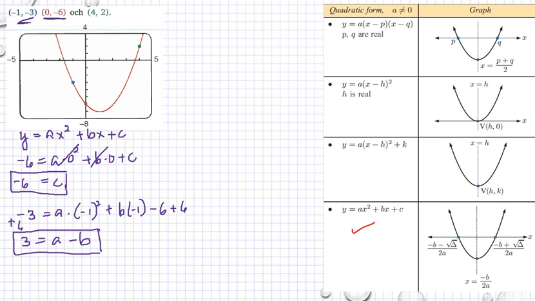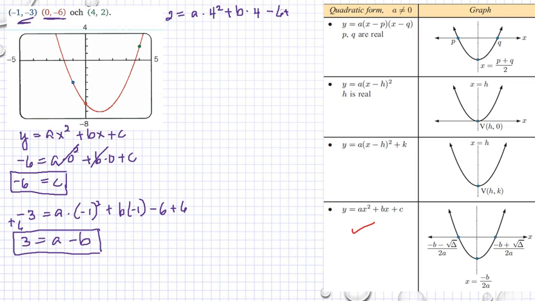And then the third point, or the third coordinate, is when x is equal to 4, then y is equal to 2. And we have 2 is equal to a times 4 squared plus b times 4 plus -6. That's c. If we add 6 to both sides of the equation, sorry, not 4.